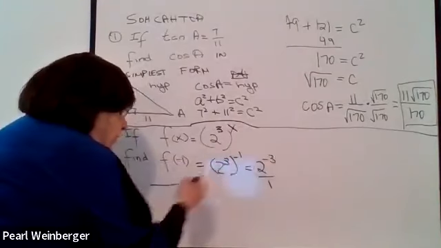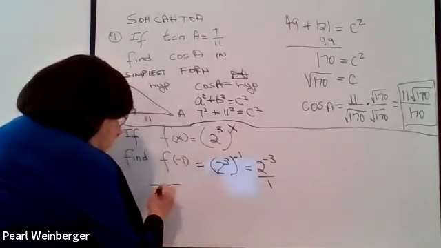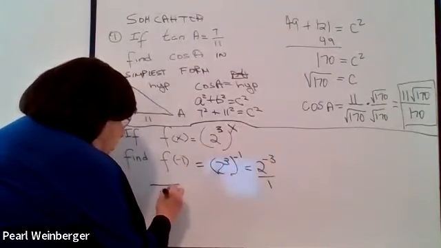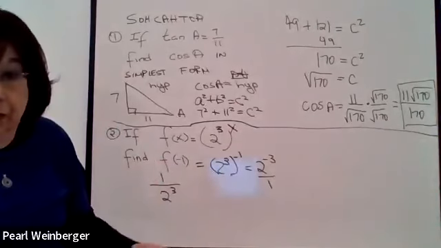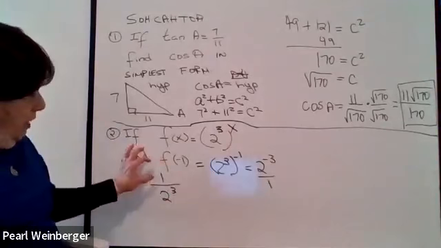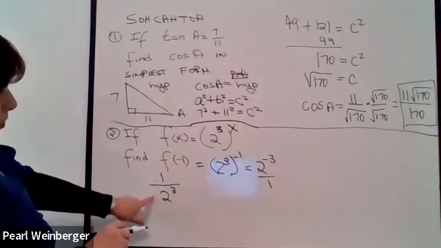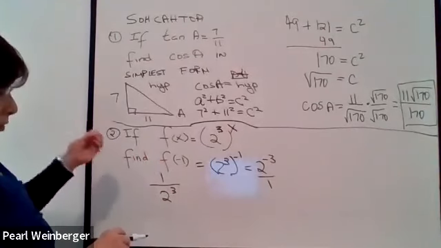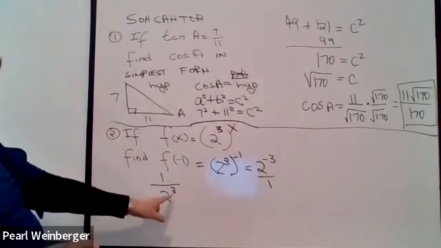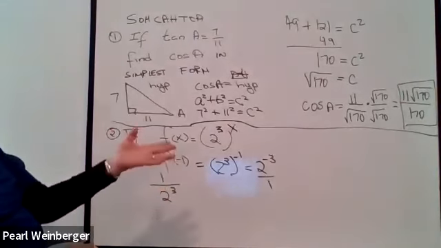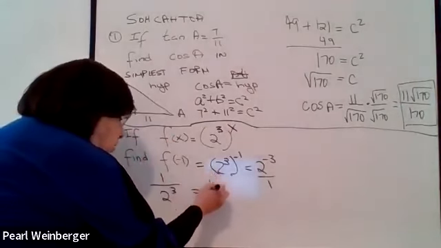To change the negative exponent, we move it from the numerator into the denominator, so it becomes 2 to the 3 in the denominator. Whatever is gone from the top, we're left with just a 1. So this is 1 over 2 to the 3rd. Again, don't forget, a negative exponent takes a reciprocal. And 2 to the 3rd is 2 times 2 times 2, which is 8. So the answer is 1 over 8.